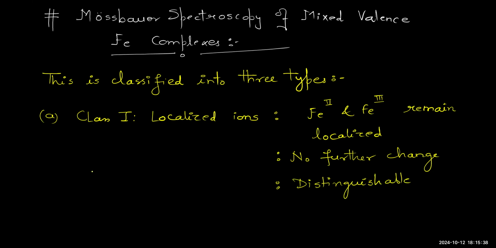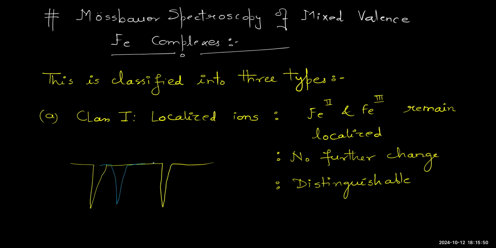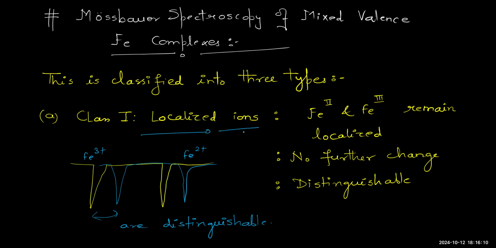So say I am expecting that my Fe3 peaks are going to be here, and similarly the Fe2 peaks are going to be here. This is Fe2, this is Fe3. So these both are distinguishable, right? So these come into the category of localized iron. Such complexes where both the iron centers are in two different oxidation states, they are localized, they are not going to have any exchange of electron any further, and therefore they are distinguishable.